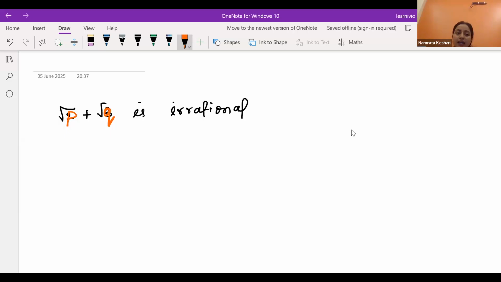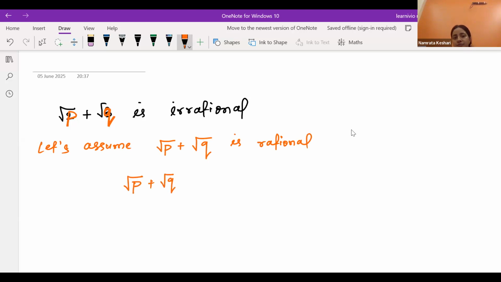So we will be saying, let's assume that root p plus root q is rational. Same way we are assuming, let's take it as rational, then root p plus root q can be written in the form of p by q, but here we are not going to take p by q, since p and q are already used, so let's take it as a by b, where a and b are co-prime integers.